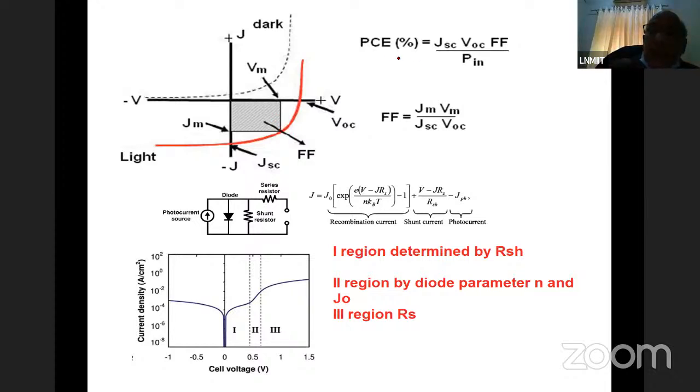The power conversion efficiency is given by JSC times VOC times FF, the fill factor, divided by the incident light power. The fill factor is very important for a highly efficient solar cell. Ideally it should be equal to 1, but generally this value is less than 1 due to some losses.